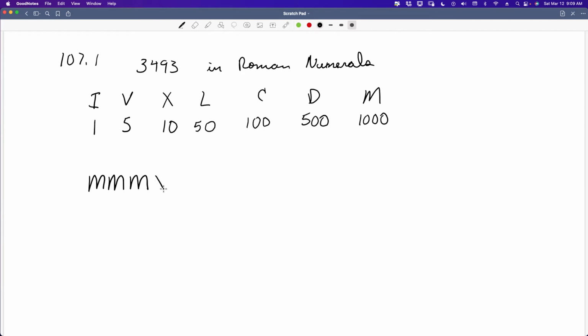So we could put X and then D. So that would be 490 because 10 from 500 is 490. And then we would have 1, 2, 3. So that would be 3 times 1,000, right? Plus 500 minus 10 plus 3.